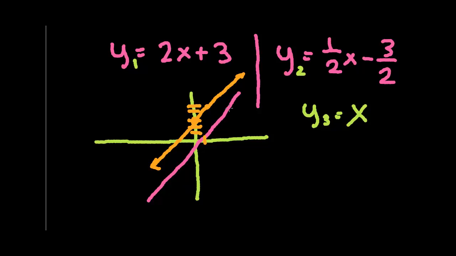But the reflection of that, and a reflection is where you come down at a right angle to your reflection line, that same distance. So I should see that same line down here. This should be y equals 1/2 x minus 3/2.